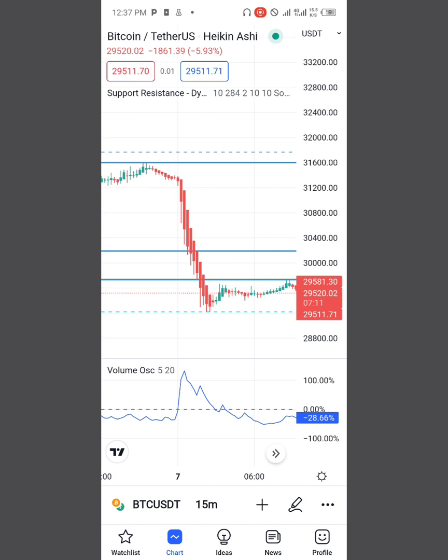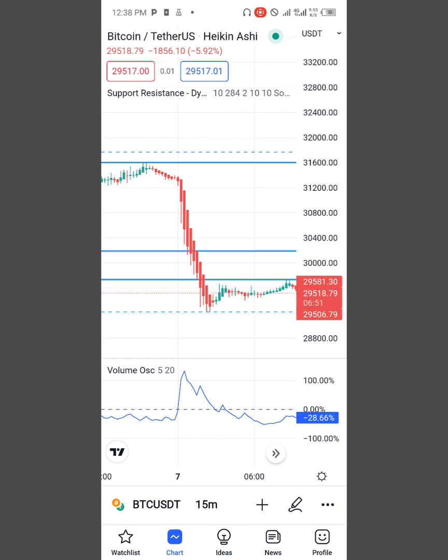Now, what is the volume oscillator? The volume oscillator is an indicator that shows you the amount of trades going on in every time frame. In other words, if the volume of buyers is high, it's going to tell you, and if the volume of sellers is also high, it will tell you.